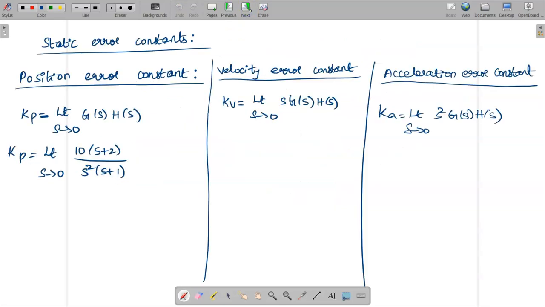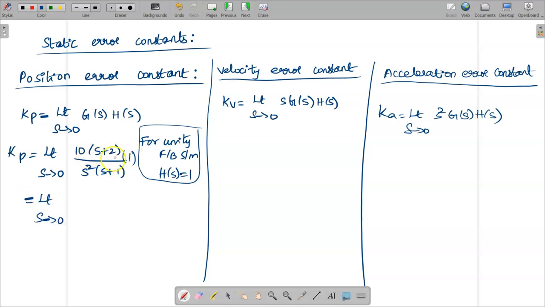So for a unity feedback system we can assume that H of s equals 1. Using this concept I can just multiply 1 with the G of s, which is equal to limit s tends to 0.